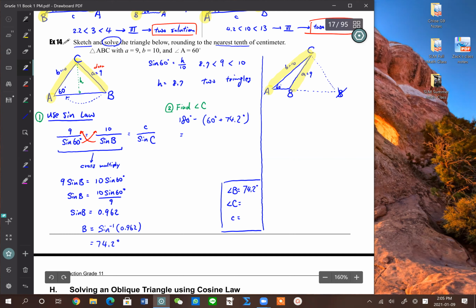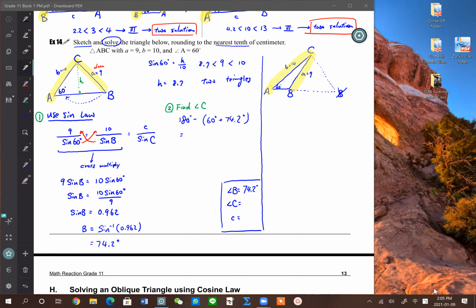Okay, so please raise your hand again. Let me lower your hand first. Raise your hand if you got the answer for the angle C. All right, just type it in.